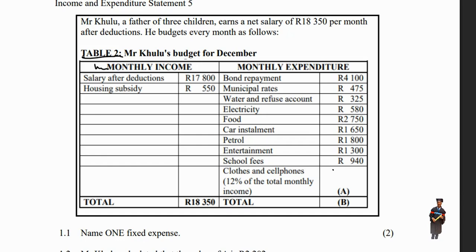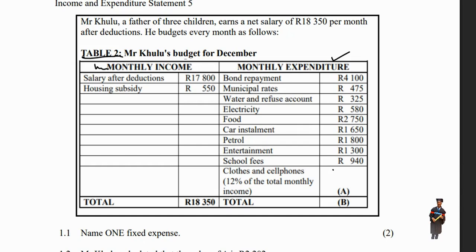This is the money that Mr. Kulu spends monthly. This is the money that Mr. Kulu spends for some services. And this one is the money that Mr. Kulu earns or receives. So that is the income, the money that Mr. Kulu receives, and the expenditure is the money that Mr. Kulu spends for some services.